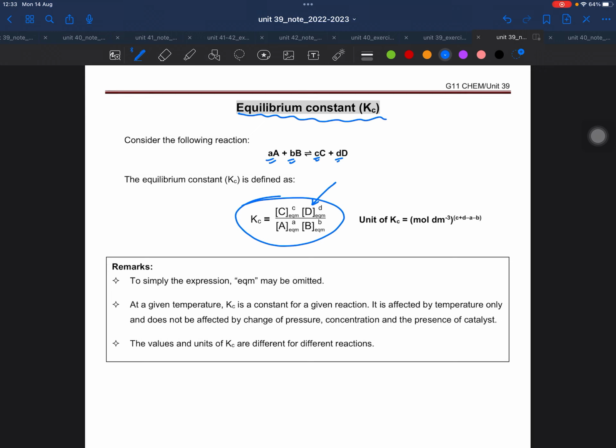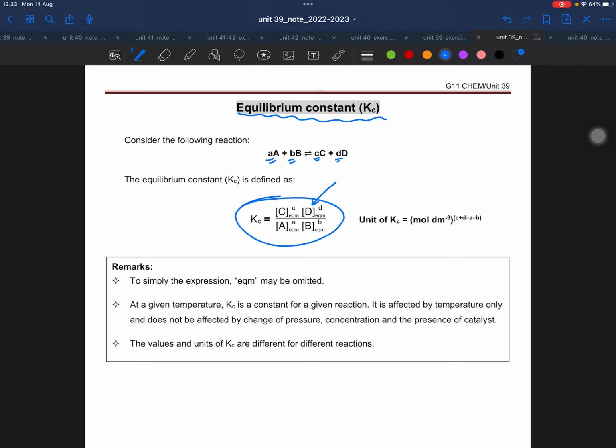The word Kc, C stands for concentration, is the concentration ratio between product and reactant at the moment when equilibrium is achieved. If the equilibrium is not achieved, the concentration of each species can keep changing, so we cannot measure the Kc.